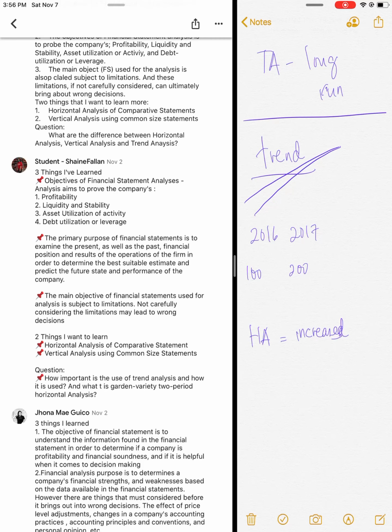You get my point? Even if it increases, we cannot assume and we cannot say that it has an increasing trend, because what you are comparing are just 2 periods. But if you have here, let us say 2018, and the 2018 is 300, you have here 2019 and the 2019 is 400, you can say that the trend is increasing.